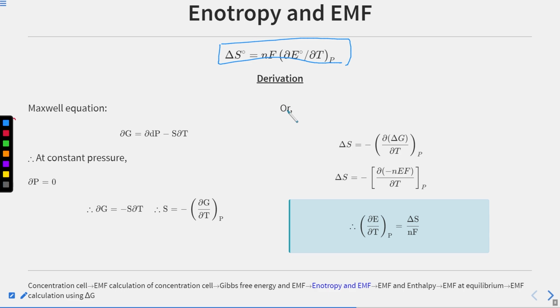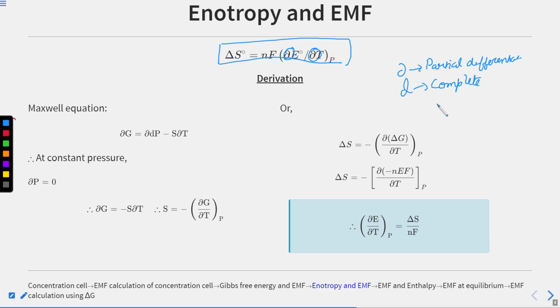Now, you may ask what the significance of this equation is. Why are we using this type of d and not the normal d for differentiation? There is a difference between this d and this d. Those from a mathematics background must have seen this. So this is partial differentiation, and this is complete differentiation.